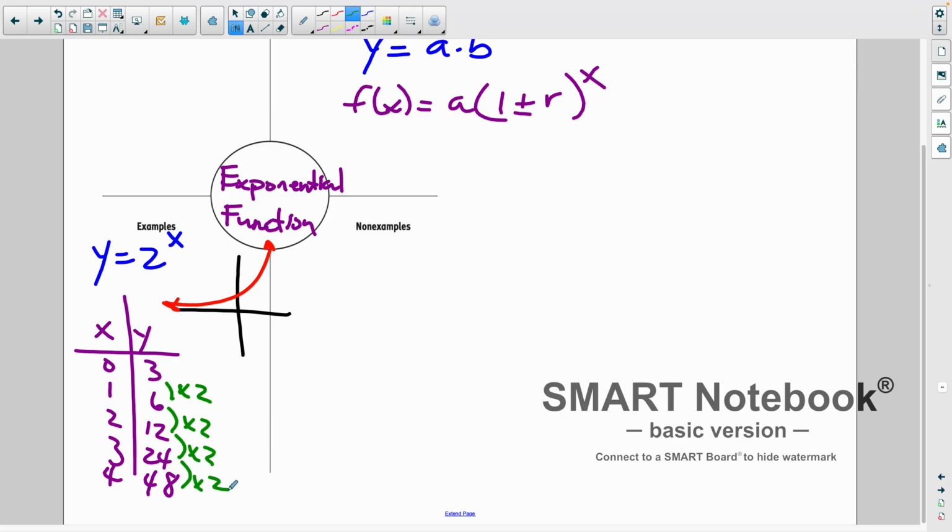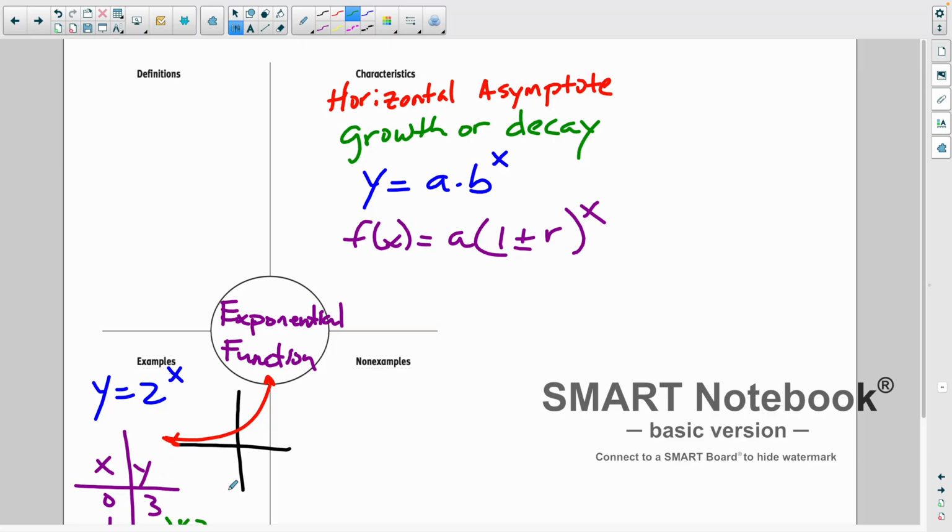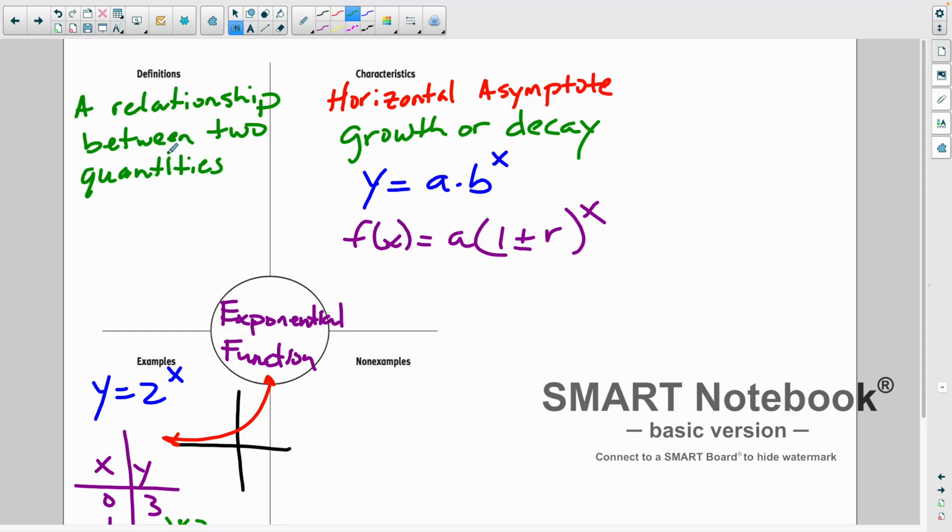We refer to that as a ratio. All right? Rate is what we're adding or subtracting. Ratio is what we would be multiplying by. So if I were to come up here and define this, it is a relationship between two quantities with a constant ratio of change.